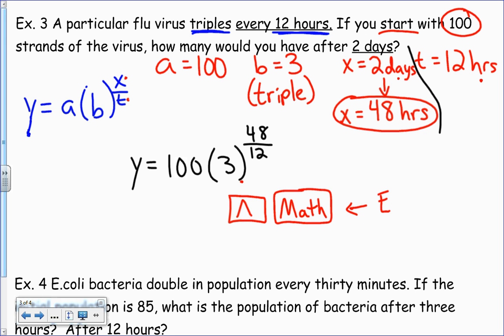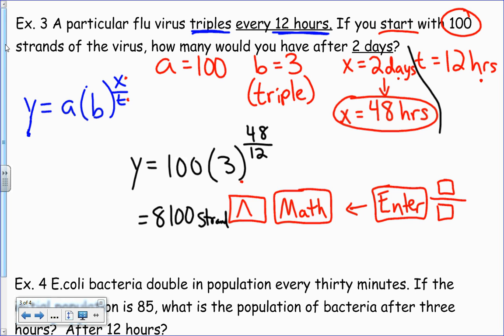Then I'm going to hit enter. And it's going to give me the blank fraction so I can put in 48 over 12. Okay? And your result here is 8,100 strands of this flu virus.